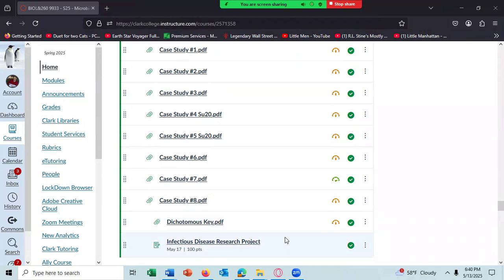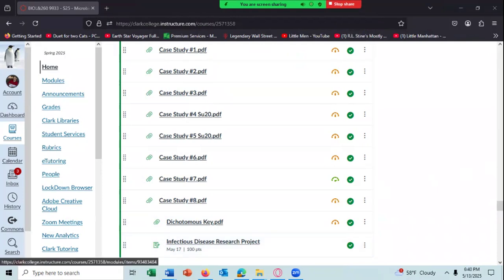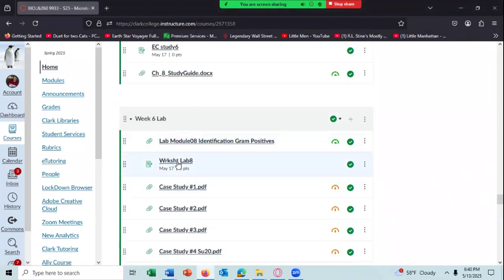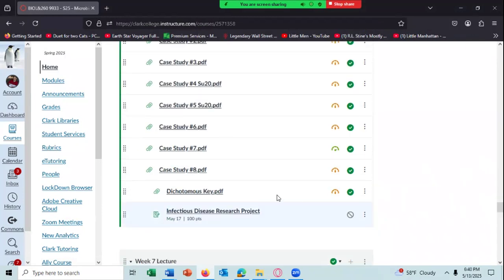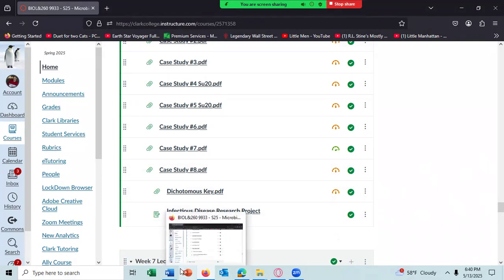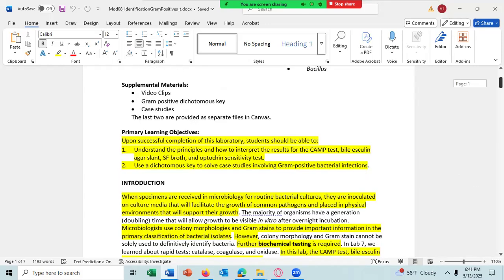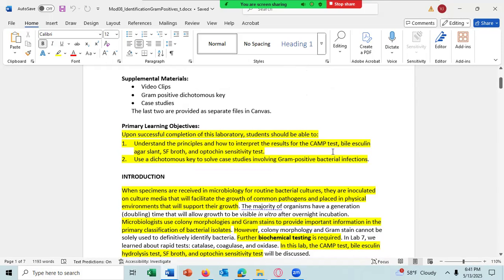So I tried to show you the files for week 6, lab 6: the lab module here, the worksheet there, the case studies underneath it, with the dichotomous key underneath that. So use this dichotomous key on this lab and this lab only.